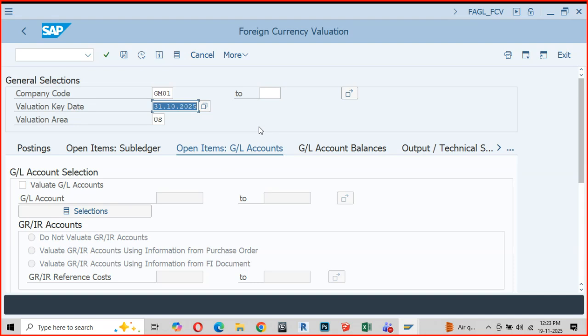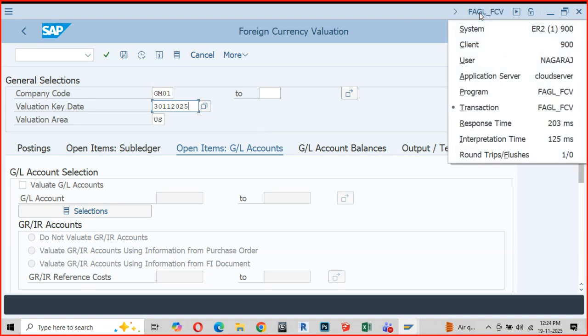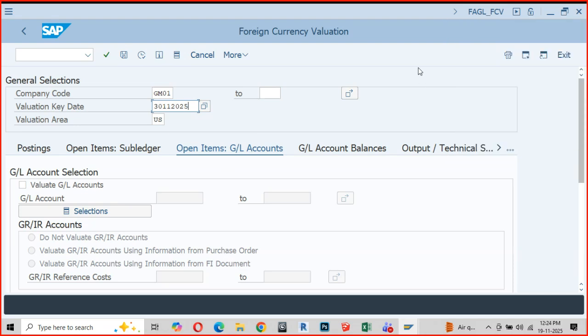So maybe for my next analysis, I would want to make it on the 30th of November 2025. So when I execute this program, FAGL_FCV, this is a program and also the transaction, this throws up the information if I am actually making a profit or a loss on my foreign transactions.